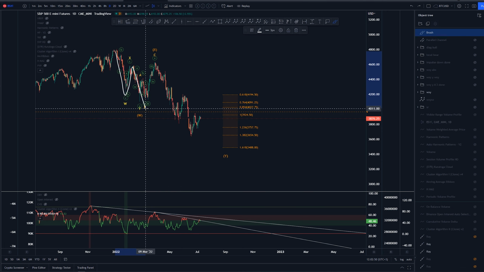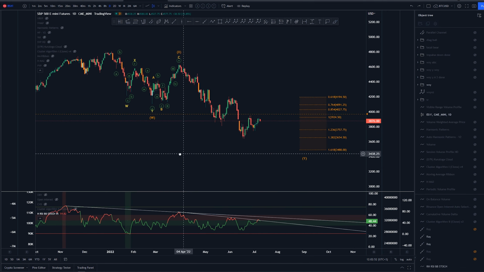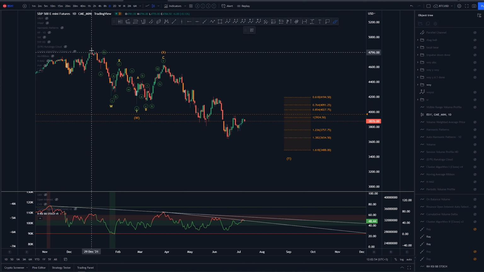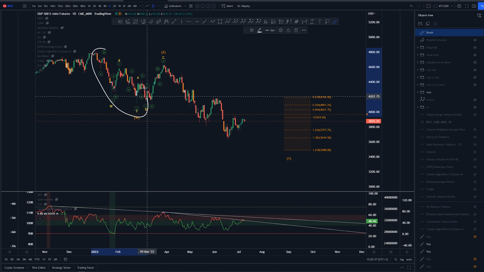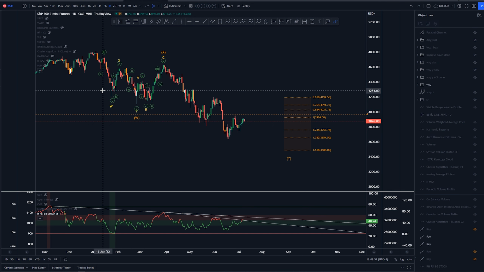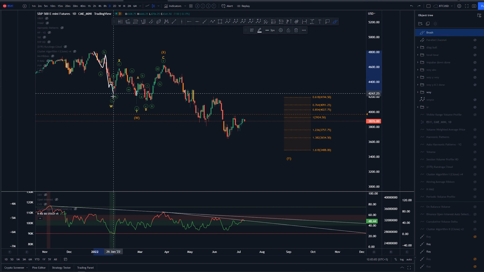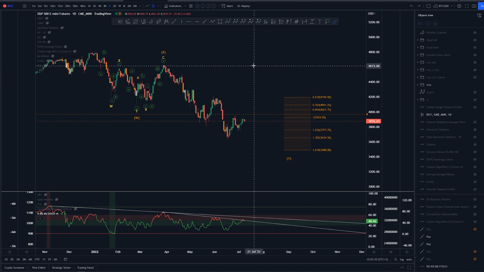Again, WXY here into the wave W is not by the original Elliott Wave book or the principle. We can't have a complex correction within a complex correction. So I guess you could be finding this as a 5-wave somehow, and then this one as a 3-wave structure. To me, this looks better as a WXY, like so, that I've labeled. So that's why I'm keeping it as such.